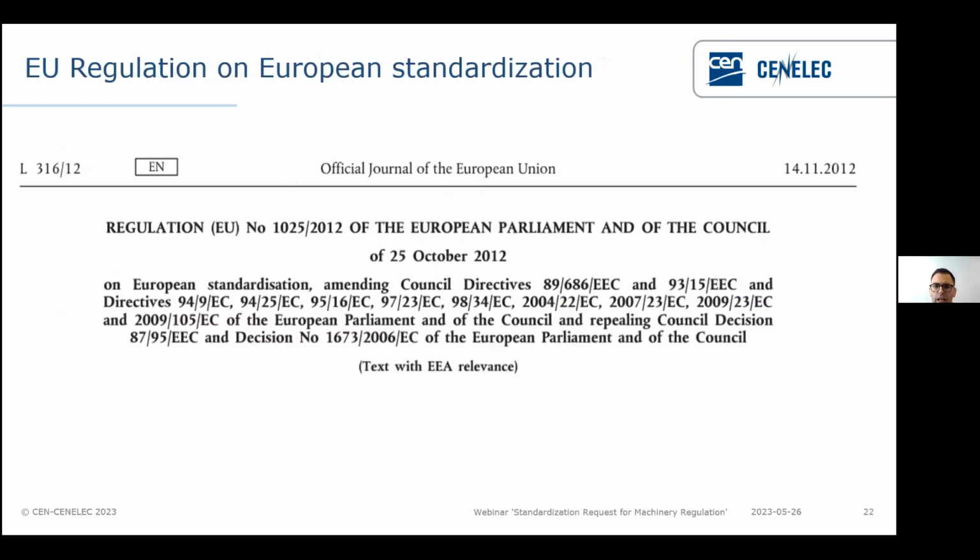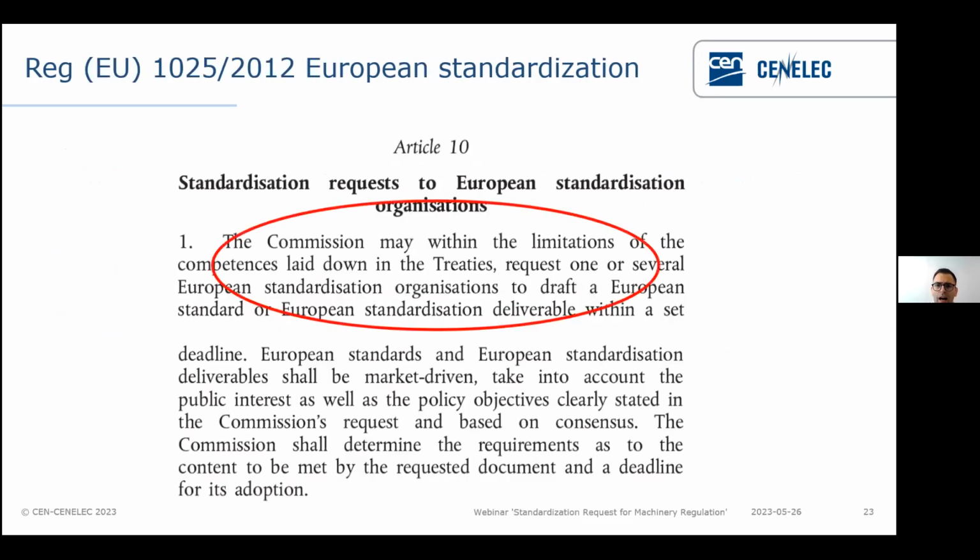EU Regulation 1025 on European standardization establishes the framework for the development of standardization requests, but also harmonized standards. Article 10, paragraph 1 of EU Regulation 1025 is quite important because it indicates that the Commission may request CEN or CENELEC to develop harmonized standards or other deliverables within a specific deadline for the publication of these standards.